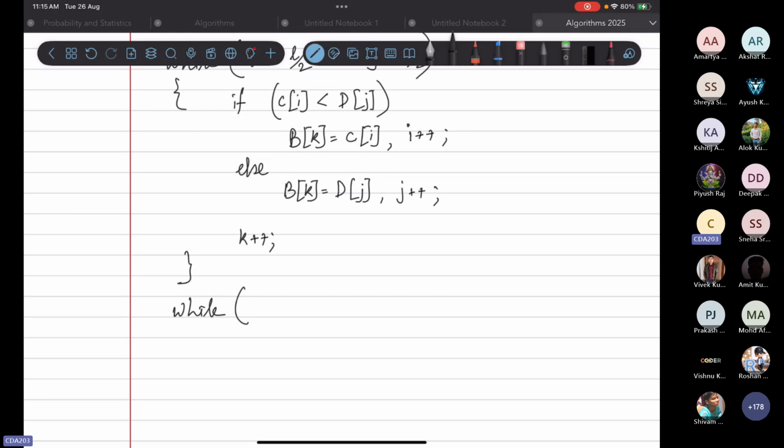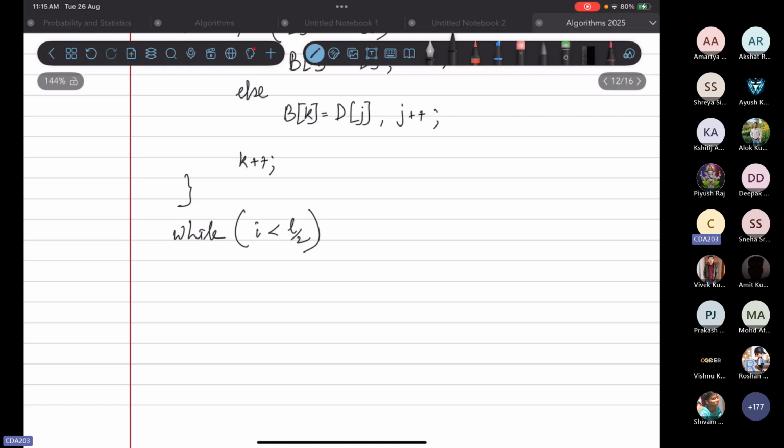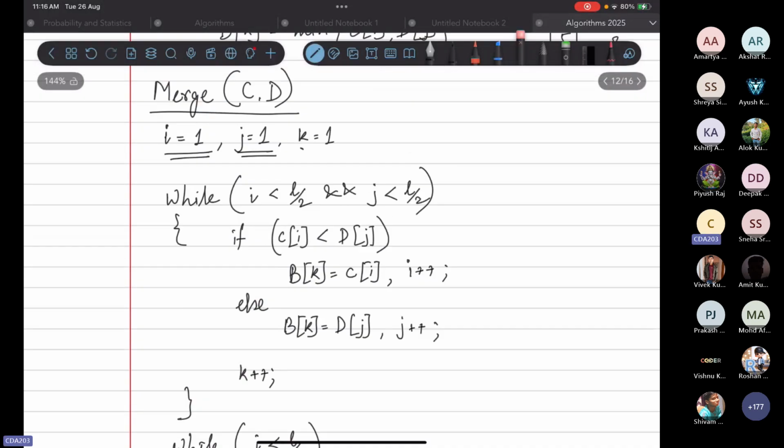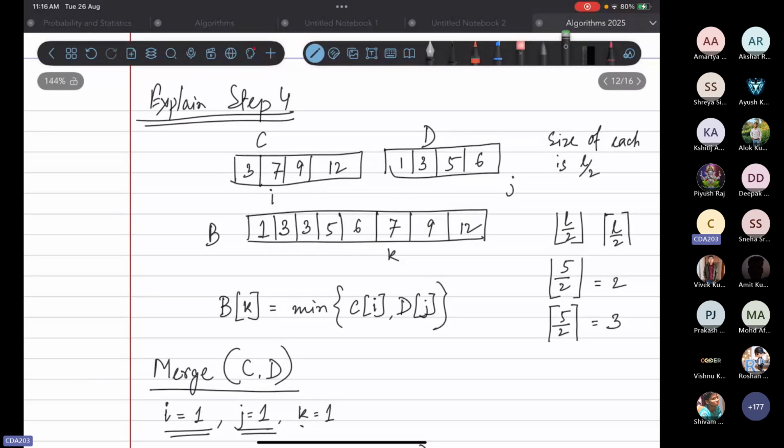While only I is less than L by 2, then what do we do? Then, as I said, I don't have to care about any elements in D. I'll copy all the elements of C into the array B. So I'll be writing Bk will be Ci, and then I'll increment both I and k. And that can happen the other way also.